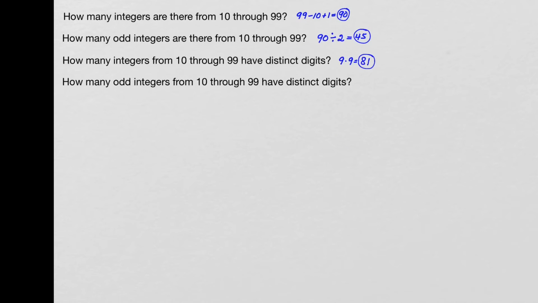Okay, so we've got 81 there. And now we want to know how many odd integers from 10 through 99 have distinct digits. So I'm going to use that technique again of looking at this as 2 tasks, choosing the first digit and choosing the second digit. If it has to be an odd integer, then the second digit could only be 1, 3, 5, 7, or 9. So there's 5 possibilities there.